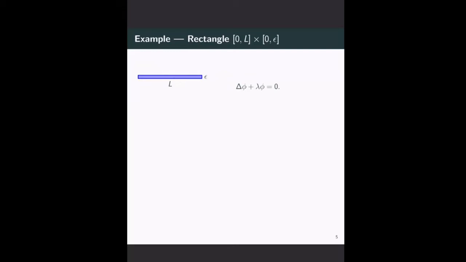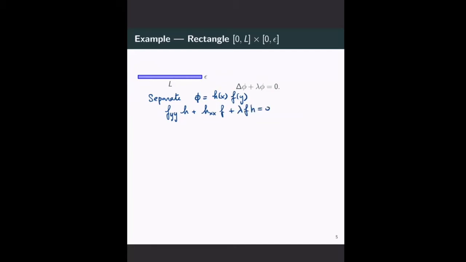So we separate variables: phi, I write it as h of x times f of y. And so the equation becomes f_yy h plus h_xx f plus lambda f h equals 0.